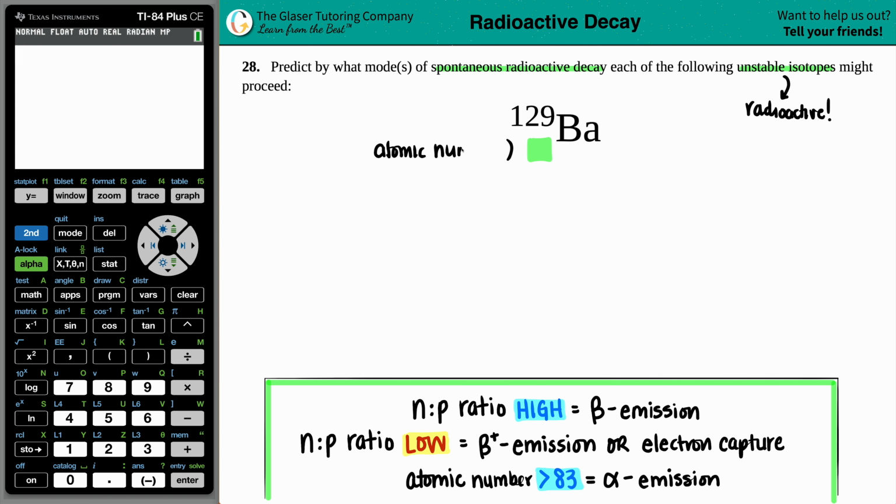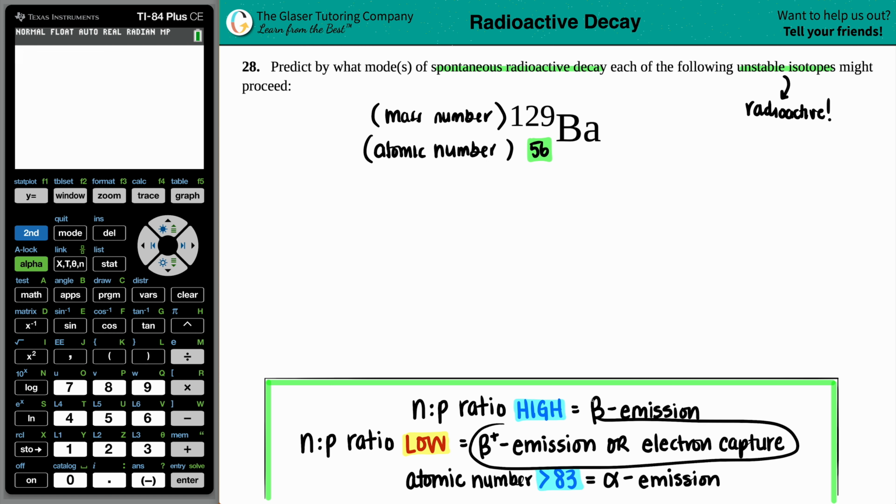The number up top that they give you can change; that's the mass number. But an atomic number for your isotopes will never change. And barium is number 56. So 56 is less than 83, so it's not going to go alpha emission. Now we're down to beta emission, positron emission, or maybe an electron capture.